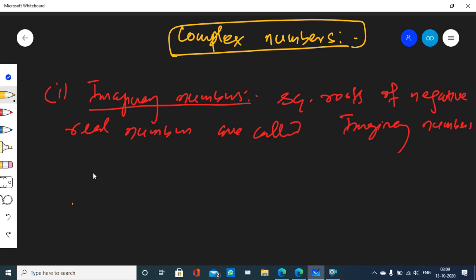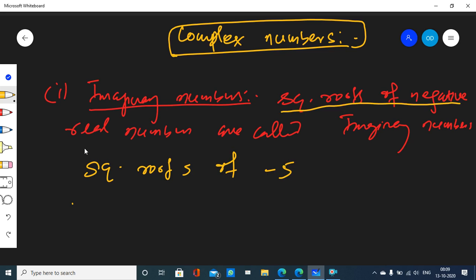So for example, square roots of minus 5. Obviously every number has two square roots, so minus 5 will have two square roots. Minus 5 is a negative real number, and square roots of a negative real number are imaginary numbers. So square roots of minus 5 are imaginary numbers.